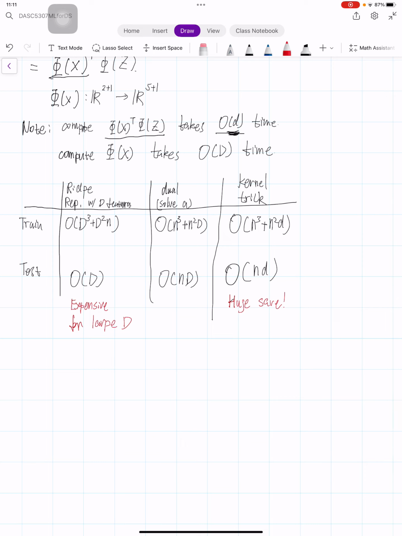Next I will give you one more example of how to apply the kernel trick for logistic regression, and you will get more ideas. Actually the same trick can be applied to support vector machines and discriminant analysis.